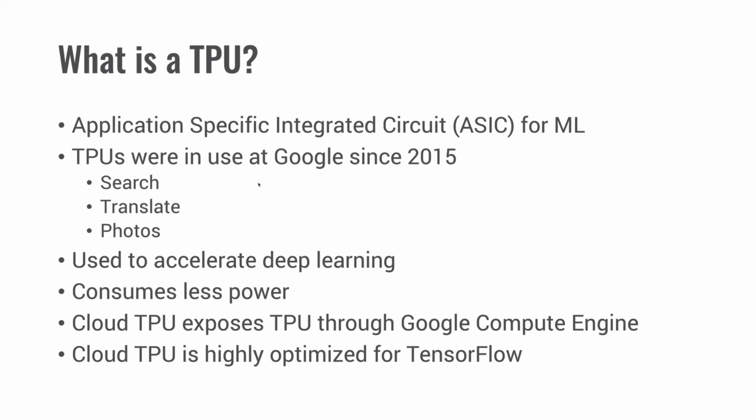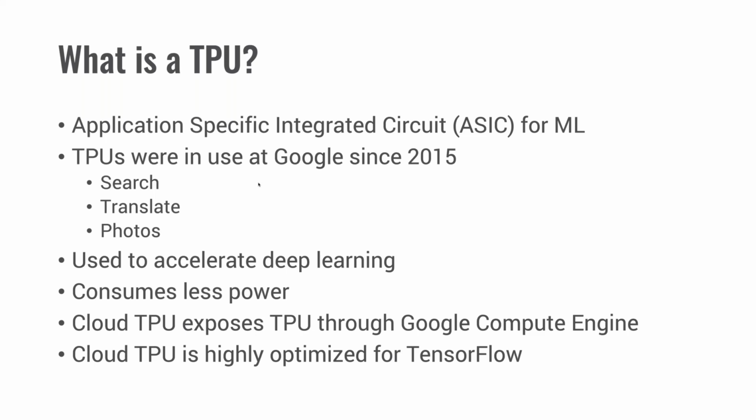And you cannot run anything other than TensorFlow. Because there is a tight coupling between TensorFlow and TPU, it comes with less overhead, and you don't need additional software libraries or layers like CUDA and cuDNN and drivers to translate your TensorFlow operations to the underlying TPU instructions. So that is the advantage of using TensorFlow with TPU.